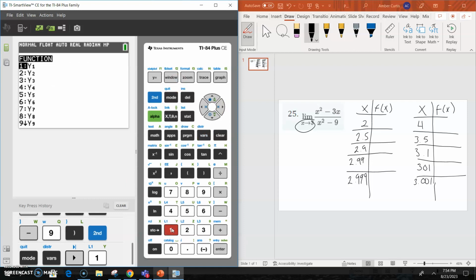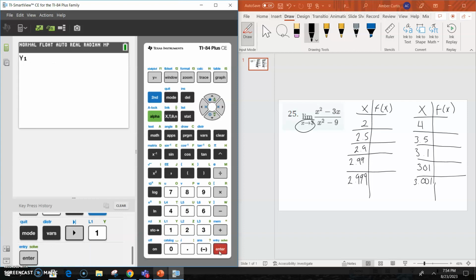You'll notice that y sub 1 is the function we typed into our calculator. So I'm going to hit y sub 1, and I'm going to put parentheses, and I'm going to tell it to put in 2. Now, all this is doing is taking 2 and replacing all of the x's in my function with 2. And I'm going to hit enter. And I get 0.4. So I'm going to write that over here.